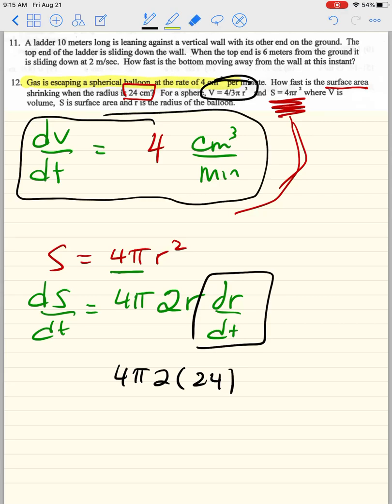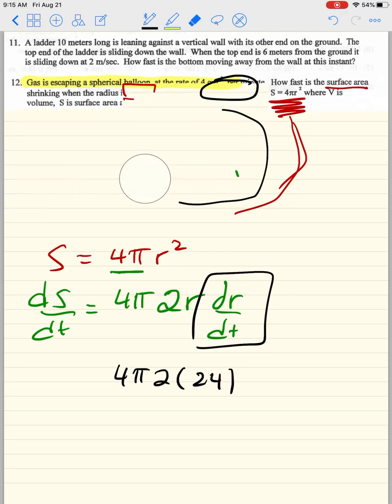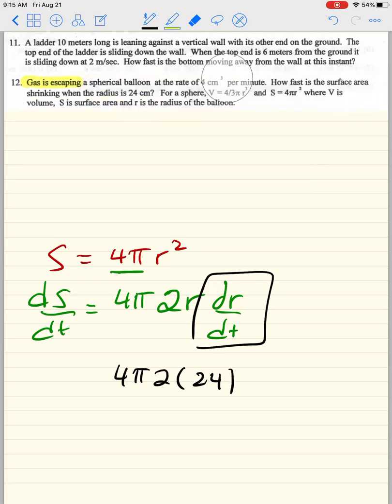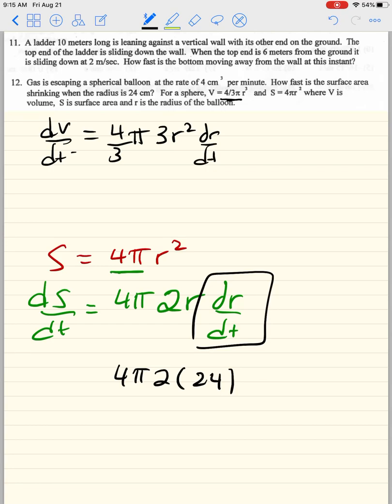So let's do that. I have to erase the 4. I need some room. I'm going to say dV/dt is equal to 4/3 pi times 3r squared dr/dt. Now some math: the 3 cancels out with the 3. You guys notice how 4 pi r squared is the surface area?